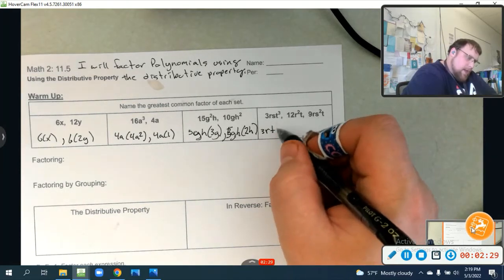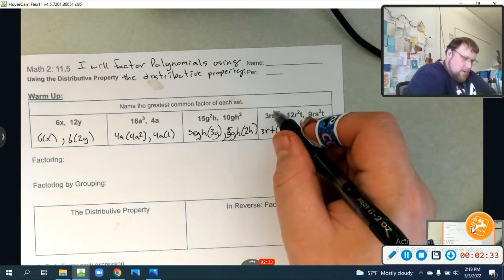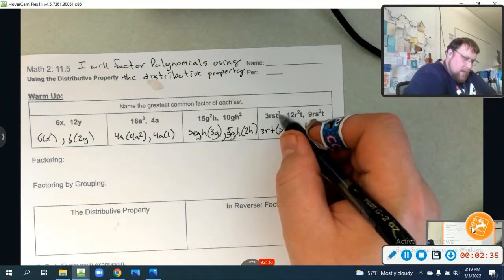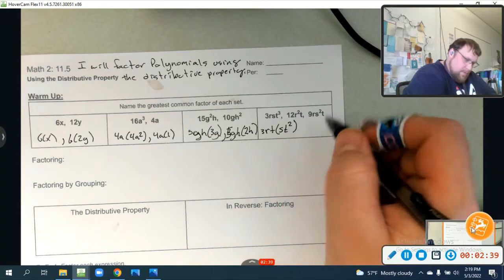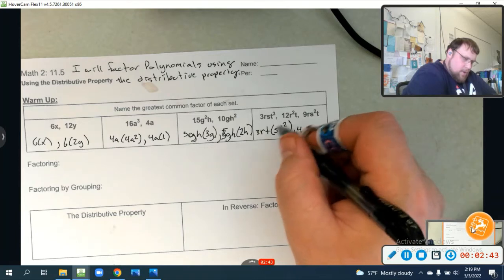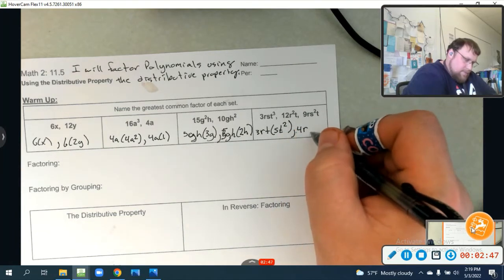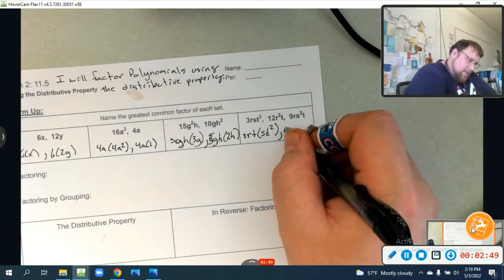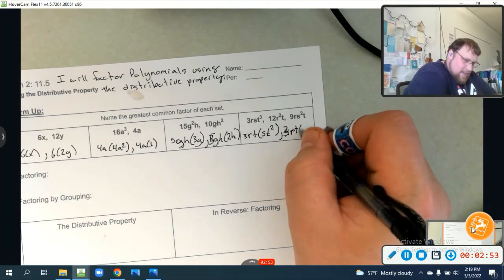When I pull that out of 3rst cubed, the 3 is gone, the r is gone, but I'm left with an s and two t's, t squared. 3 out of 12 is 4, r out of r squared is r, and t out of t leaves nothing. So it's going to be 3rt times 4r.